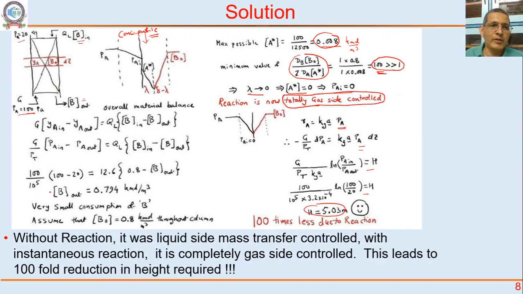If you simplify, you will find that 0.8 is reducing to 0.794, practically no consumption of B. So it's okay to take B naught equal to 0.8 everywhere, and then this would be a correct estimate, right? So assume B naught is 0.8 everywhere throughout the column, because there is very little depletion of B, very little consumption of B. Stoichiometrically, B supplied is far greater than A consumed.